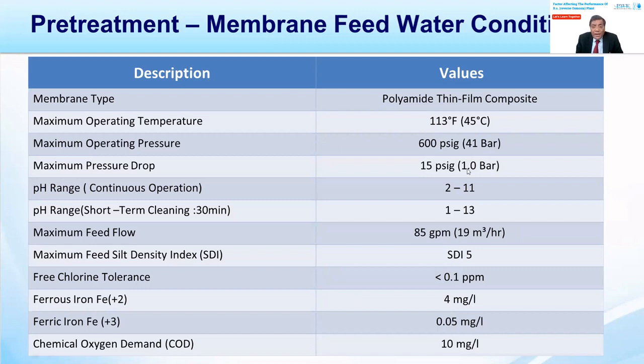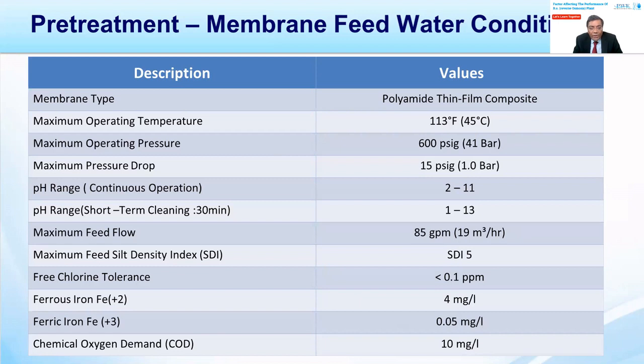Then you see the maximum SDI is 5. To me it's a very important factor in the performance of an RO plant, as it avoids particulate fouling.